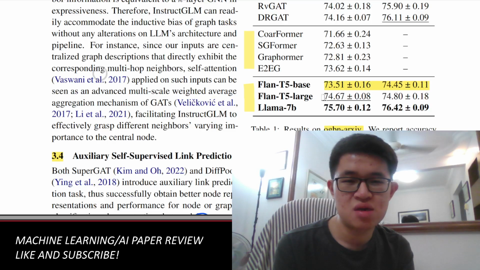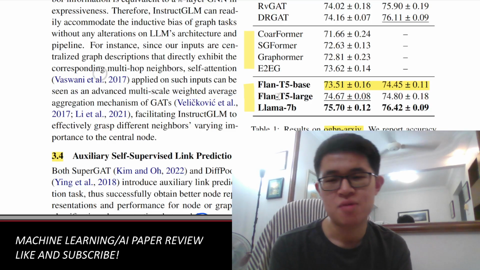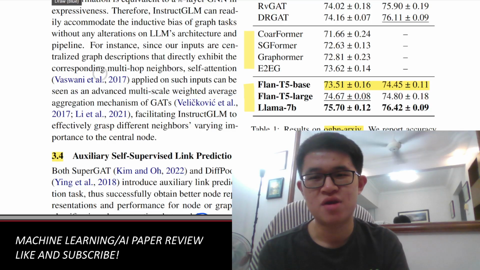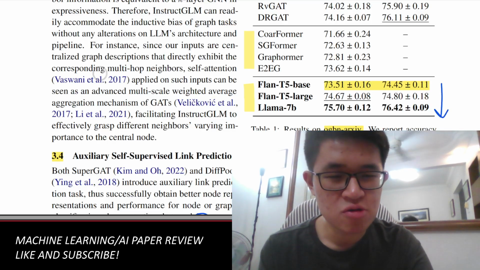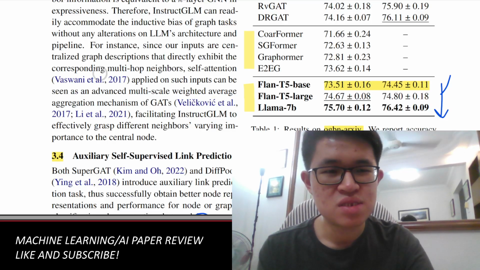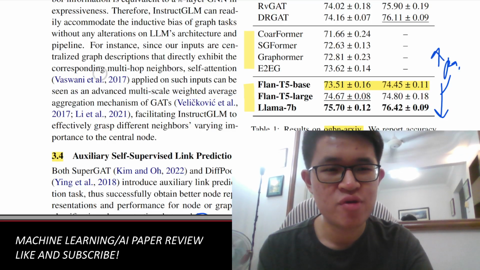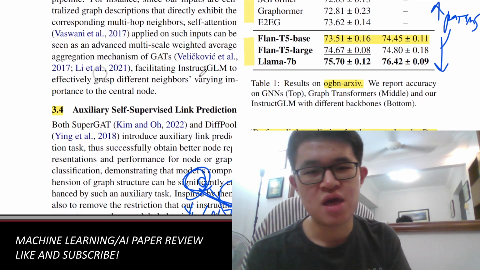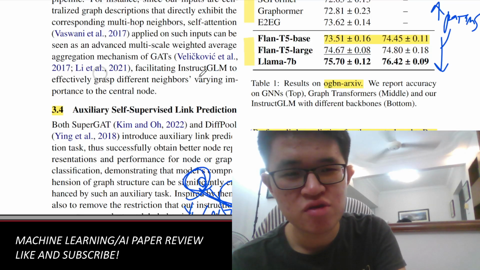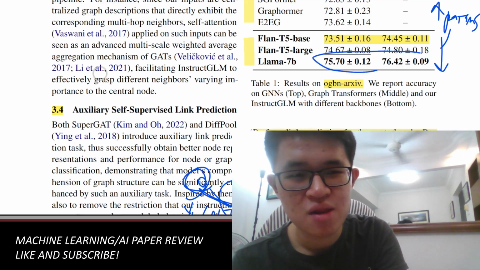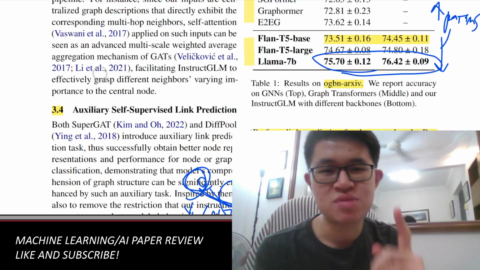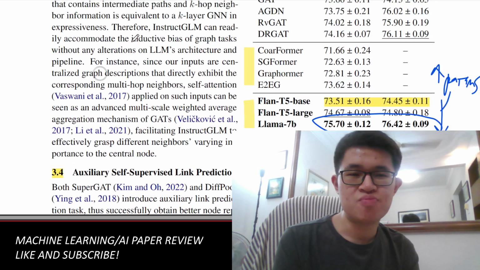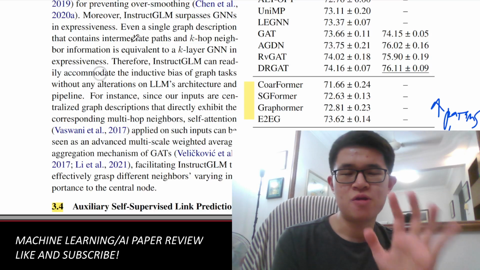And here's the important part. As we go down here, it is essentially increasing the number of parameters, increasing the number of layers, and they have shown that when you increase the number of layers, the performance improves as well. I think that's the major selling point of this work.